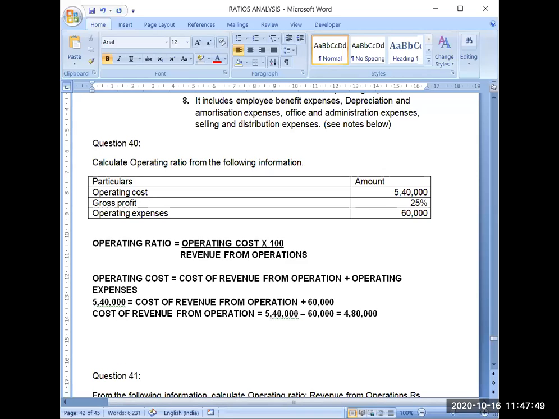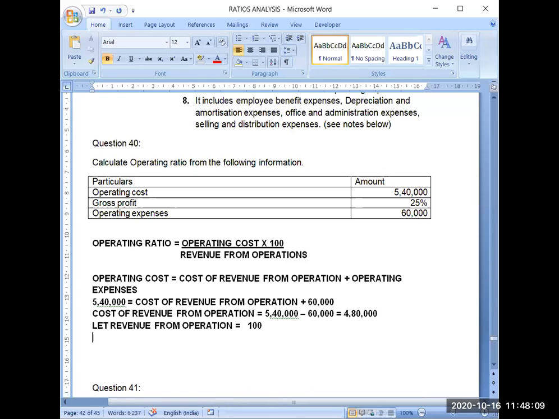I can calculate revenue from operation now. So I will assume let revenue from operation is equal to 100. So now I will subtract profit.